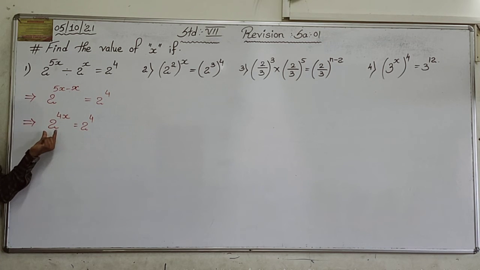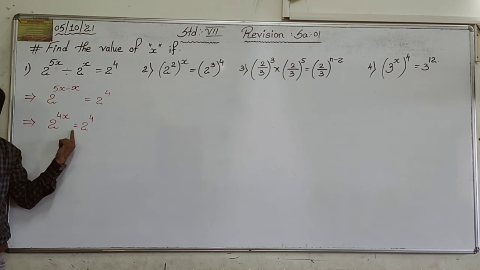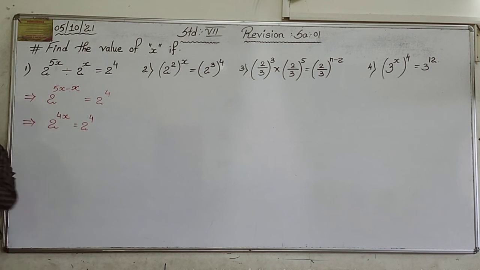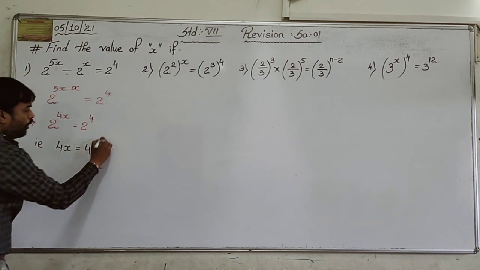Right? Now if base are same and there is an equal to sign in between, what is the meaning? The power must also be the same. Equal to sign, base same, means power be same. That is what we can say that 4x is same as 4.